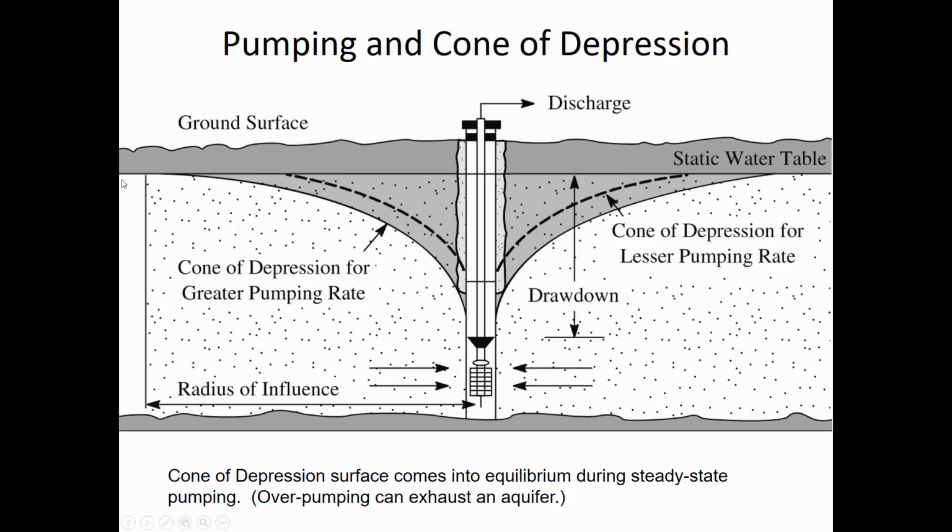Under static conditions, this line is where the water was before pumping started. And so drawdown is the measurement of, well, they haven't labeled that correctly. Drawdown is the difference between the static water table and where the water surface is for a certain flow rate.